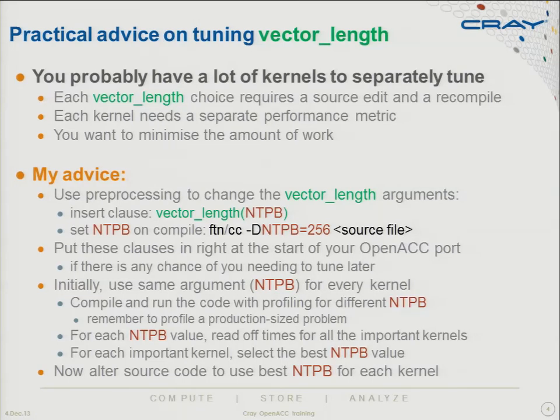Compile the code, run the code with profiling, and look at the times for each kernel in that one profile. Then change this value and do it again, and then you're tuning all of your kernels at the same time. Then you say, kernel 1, I've got the profile data with all these different thread blocks. 256 is best. The other kernel, 128 was best. So you can tune them all by using the profiler. It lets you look at each kernel separately and do them all as one big set of tuning runs.